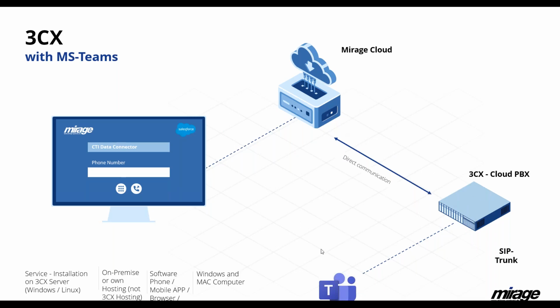So if the call comes in, it goes to Teams, and the information also goes through our cloud service, and our cloud service sends the number to search in your own Salesforce org, and the logic in CTI starts running. So all the features that you configured there will open up.